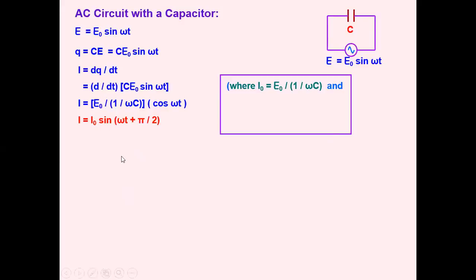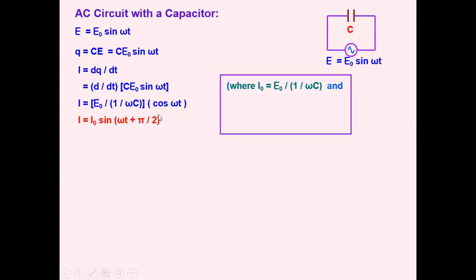And here we see the phase difference. As here is cos omega t, in place of cos omega t we write sin of omega t plus pi by 2, because the voltage is sinusoidal, so we have to put the electric current in sinusoidal form, as a function of sine.